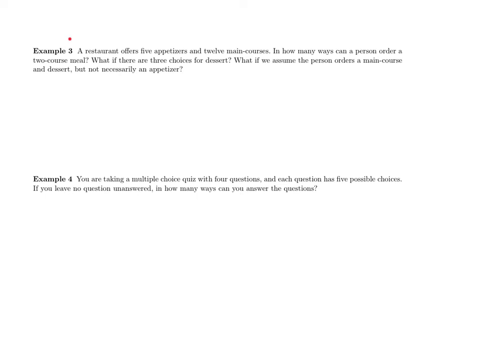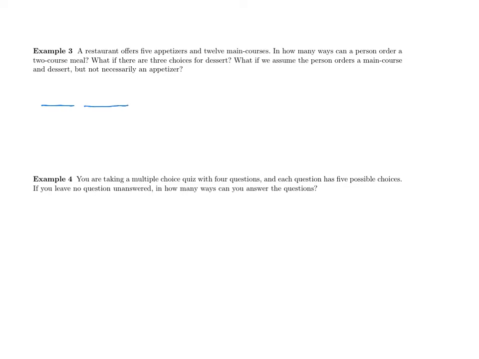Let's apply this generalized counting principle in examples 3 and 4. Starting with example 3, a restaurant offers 5 appetizers and 12 main courses. In how many ways can a person order a 2-course meal? So let's start there. There are 2 groups, one for the appetizers and then one for the main courses.